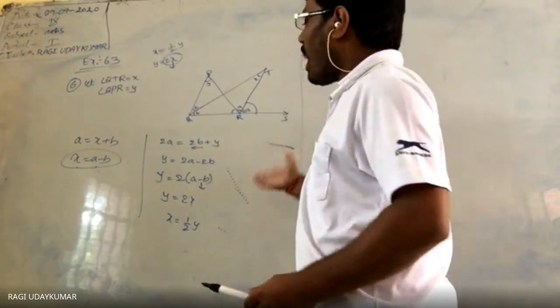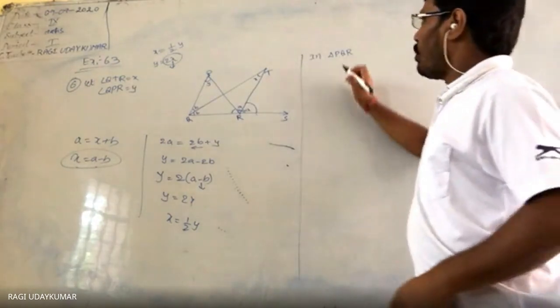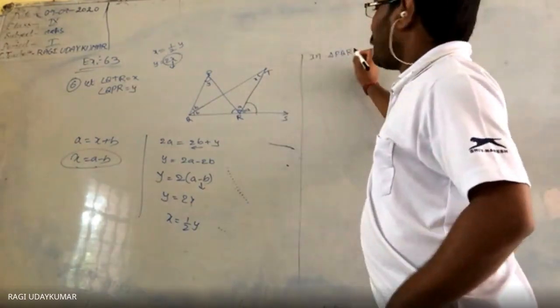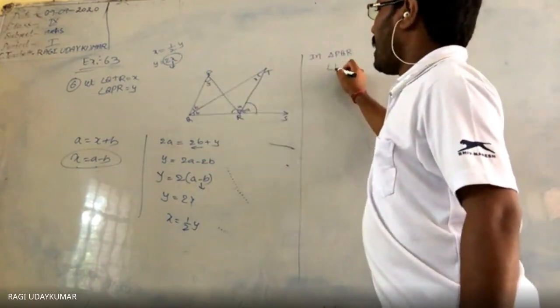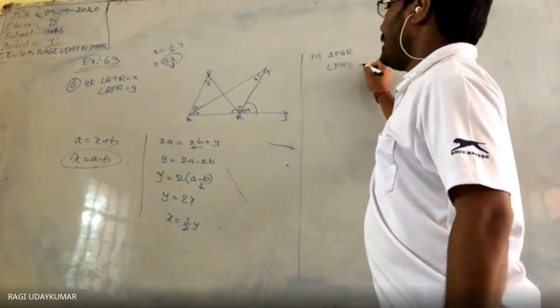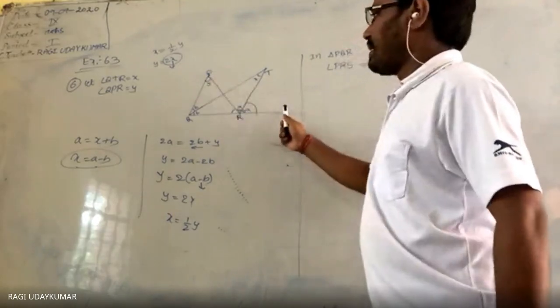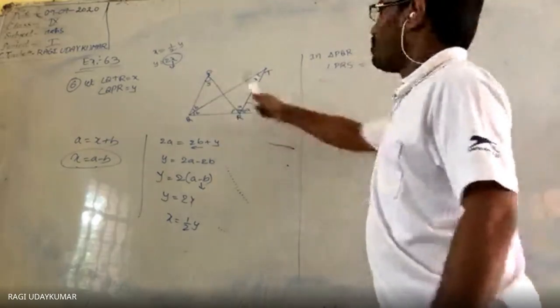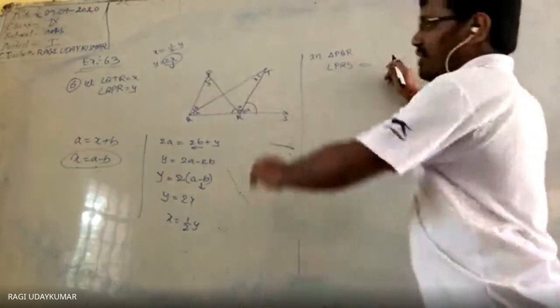So you have to express that in those two forms. So if you are taking triangle PQR, this is exterior angle. Angle PRS is equals to, this is exterior angle now. PRS is nothing but exterior angle.